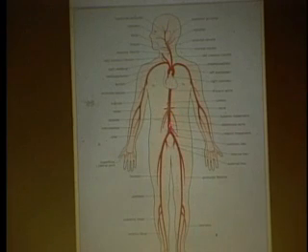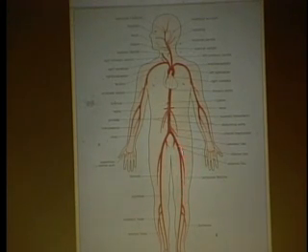All right, let's follow the external iliac. Here we had the abdominal aorta coming down, goes into the common iliacs, and the common iliacs split into the internal iliacs to the pelvic viscera, and the external iliac becomes the femoral.